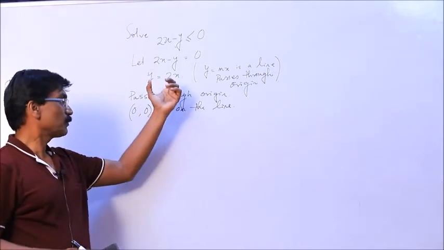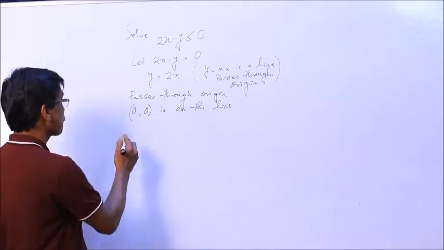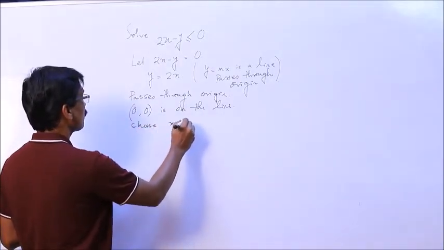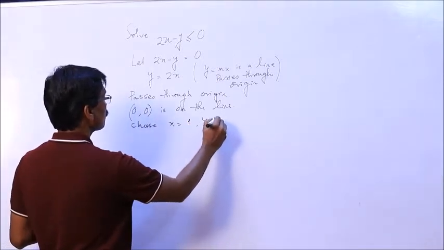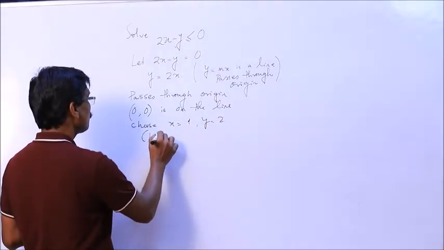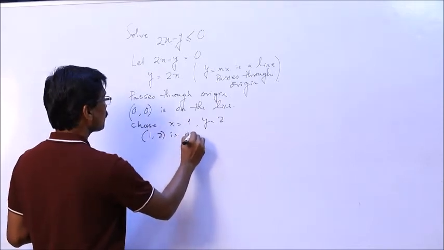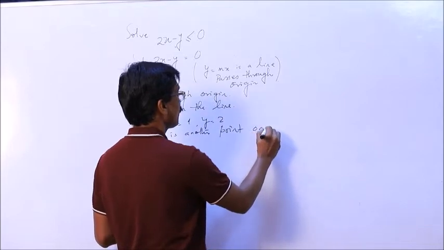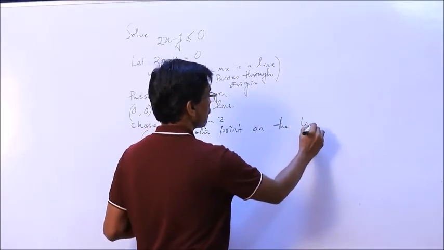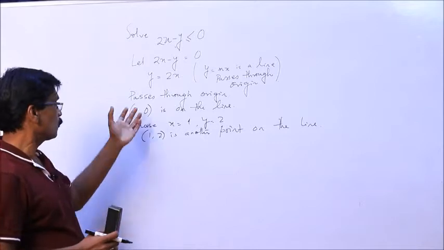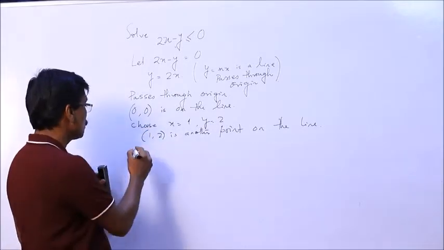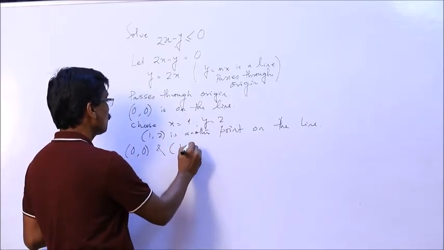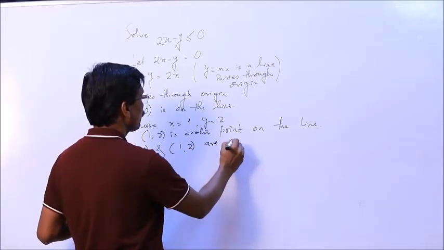And to find one more point, if we take x is equal to 1, then we have y is equal to 2. So, 1 2 is another point on the line. So, we have 2 points, 0 0 and 1 2 on the line.